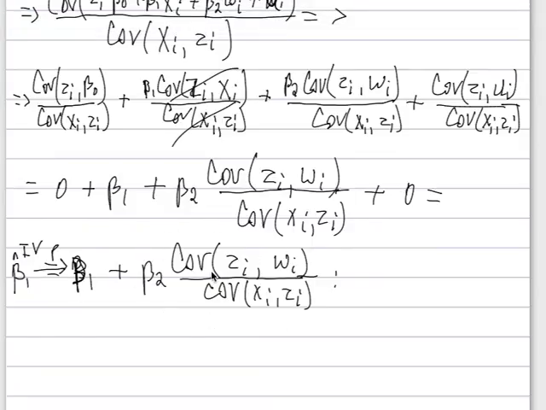As a result, in large samples, beta 1 hat IV will not approximate the true beta 1, but beta 1 plus some bias. However, part B asks what if they are not correlated? In other words, Zi and Wi are not correlated. Then this whole term will be 0, and you have beta 1 holding. So it's a consistent estimator.